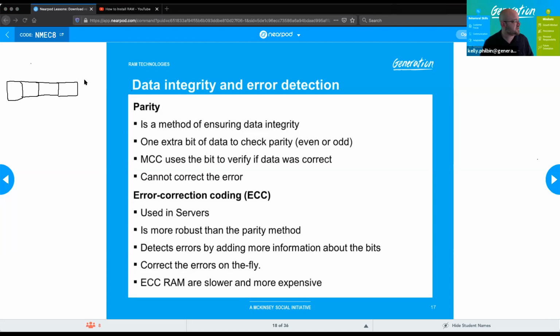Then they're going to tack on a parity bit, which is a 5th little piece of data. So this would be a nibble, 4 little bits. Say we get a 1, 0, 1, 0. We would add this up: 1 plus 0 plus 1 plus 0 is just 2. So that's an even number.